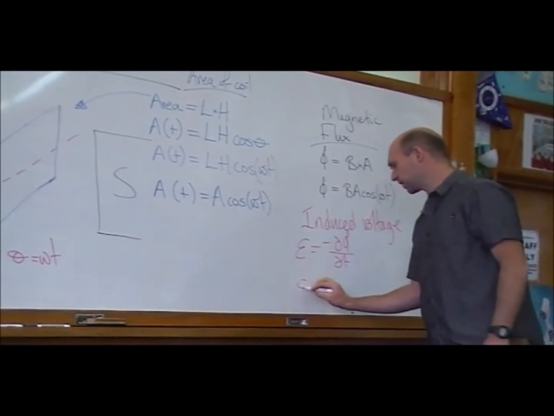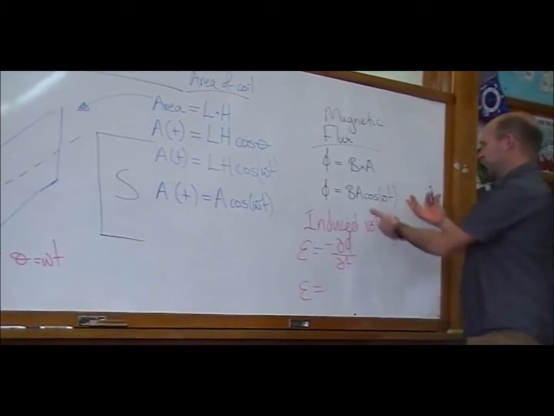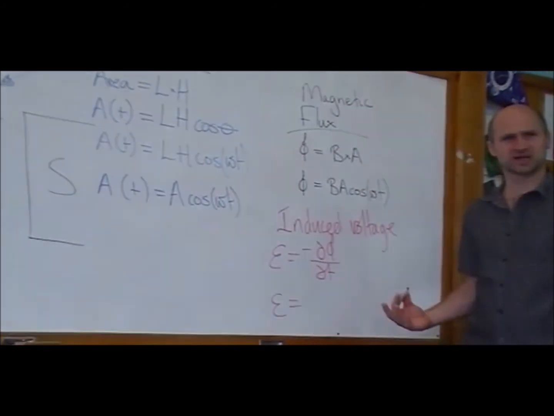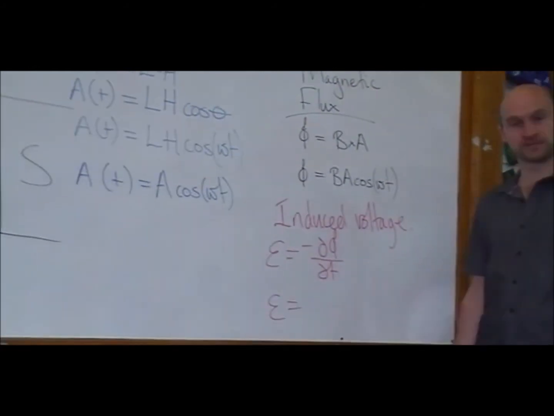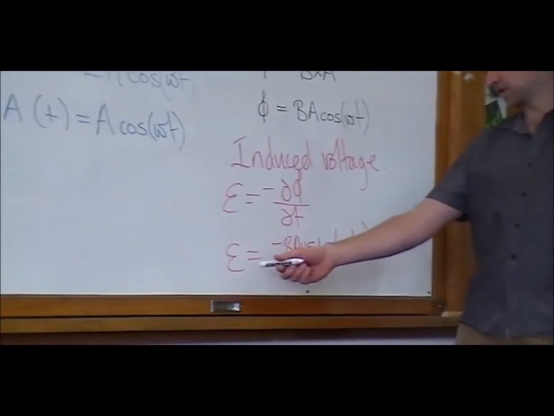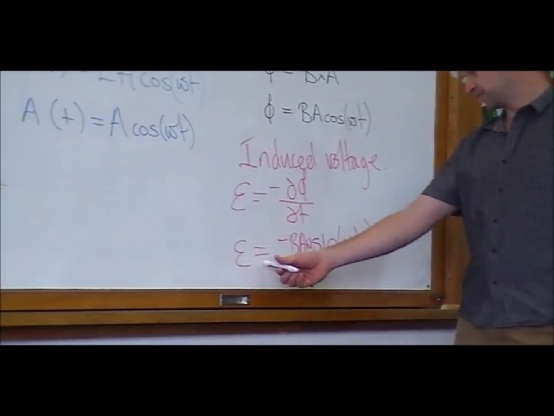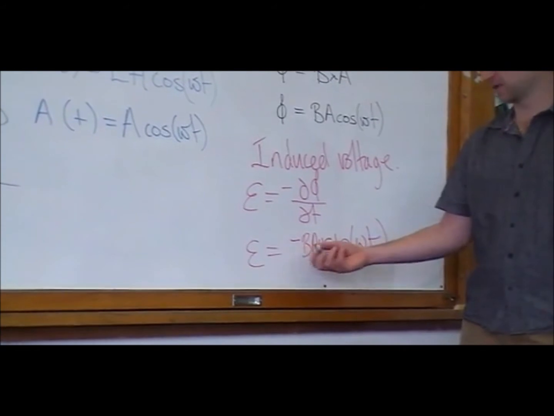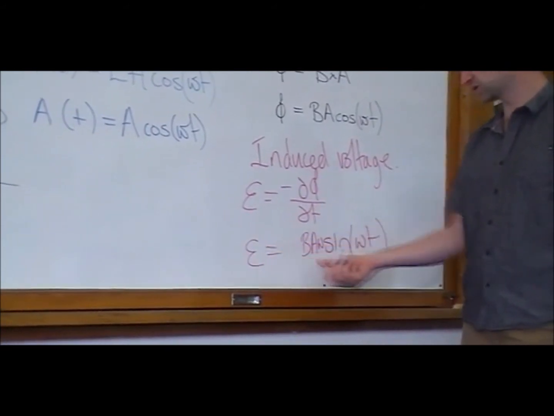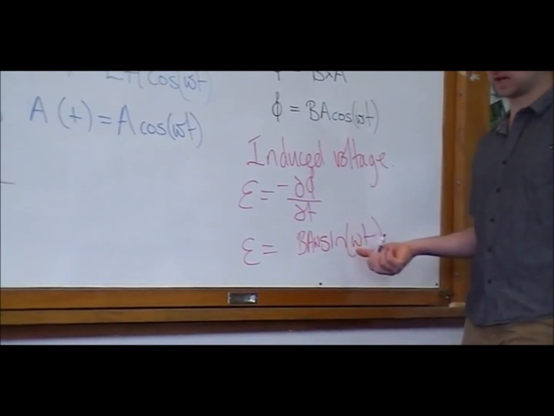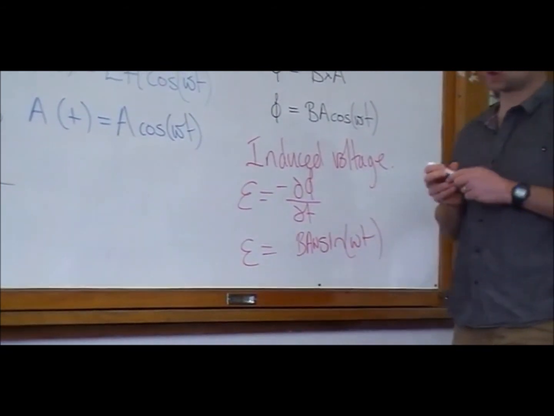And so what do we get when we differentiate BA cos omega t? So the induced voltage is minus, but minus, plus. So the induced voltage is BA omega sin omega t, the induced voltage across the generator.